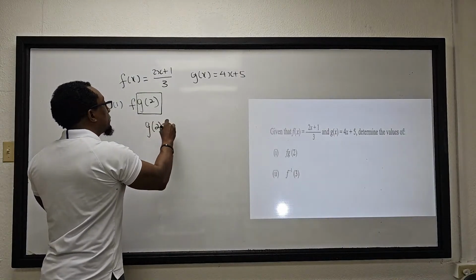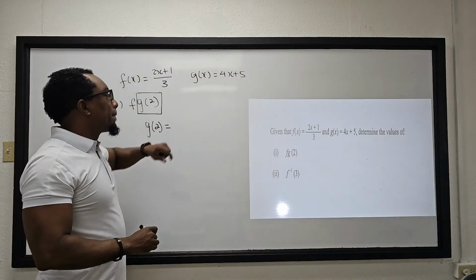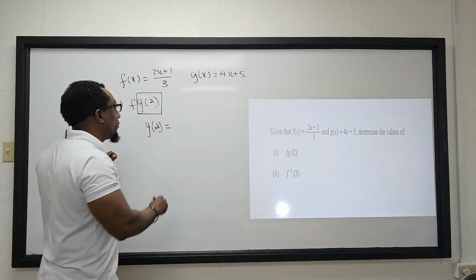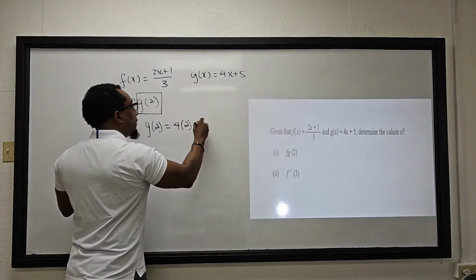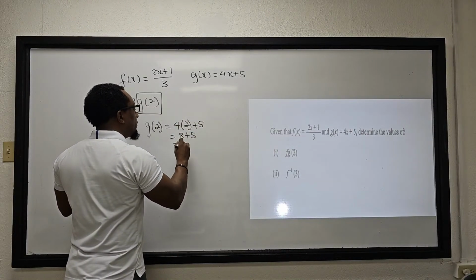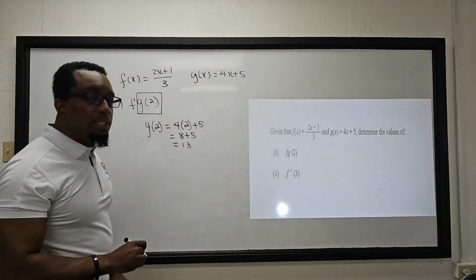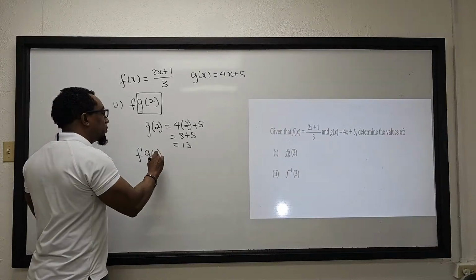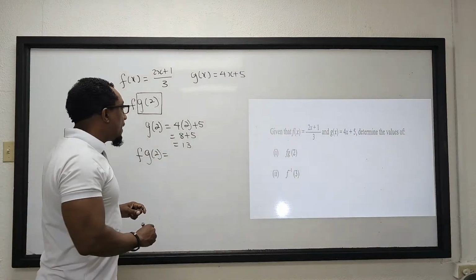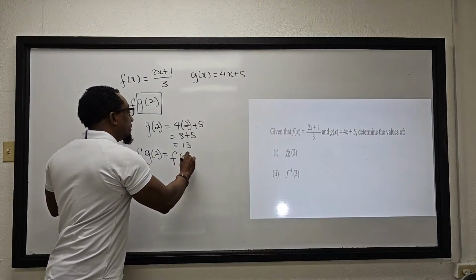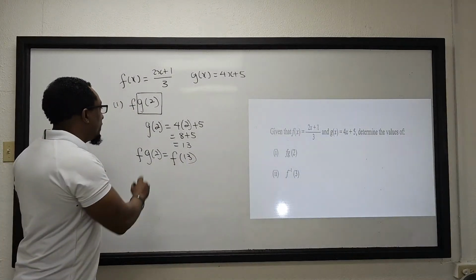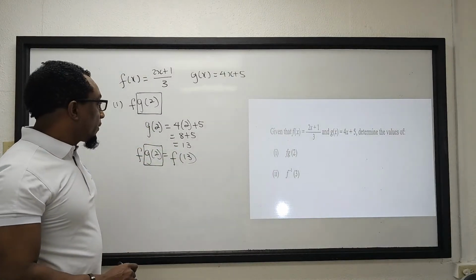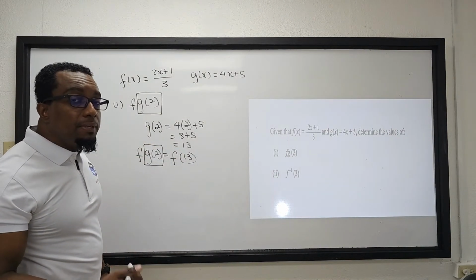So g of 2 is simply replacing my x in g of x with 2. So this is 4 times 2 plus 5. 8 plus 5, which is 13. That's the value of g of 2. So fg of 2 is really the same as f of 13. So let's find f of 13.